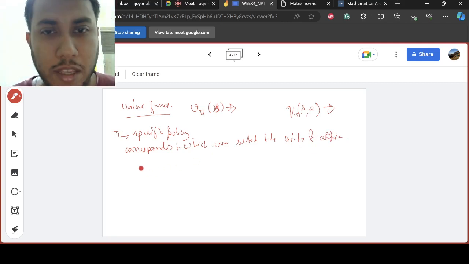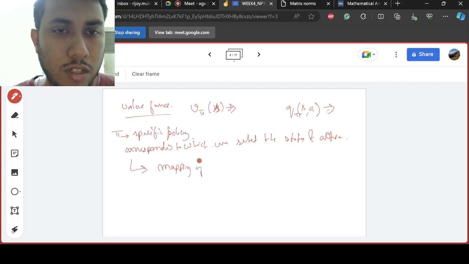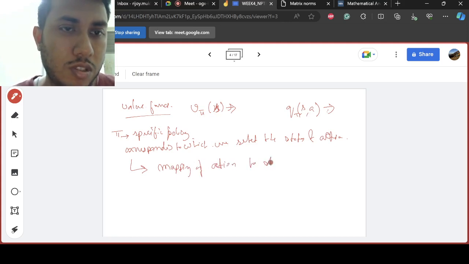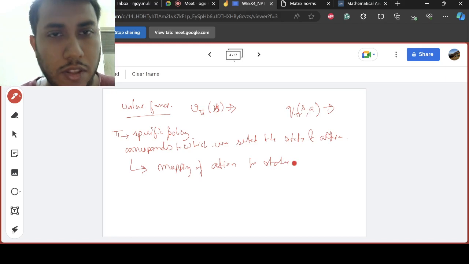It's basically a mapping of states to actions. These were all the parts that were discussed last week.